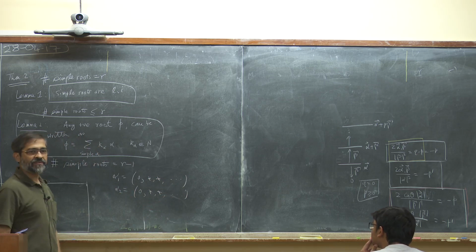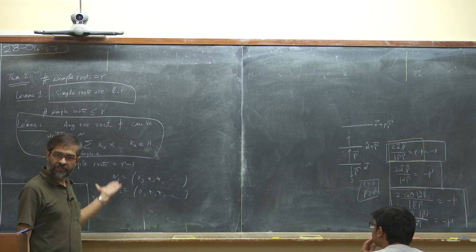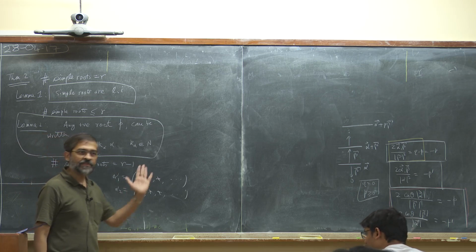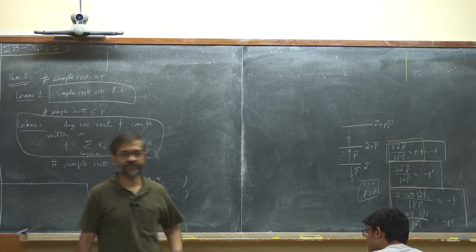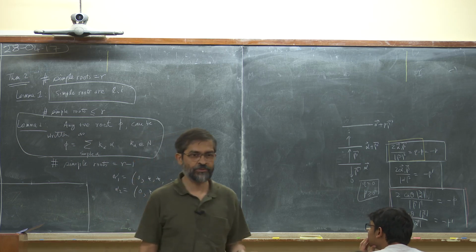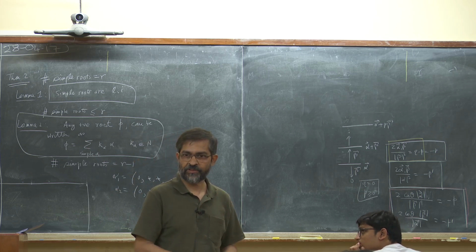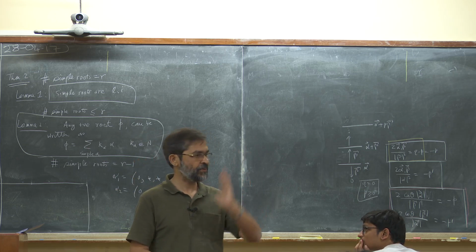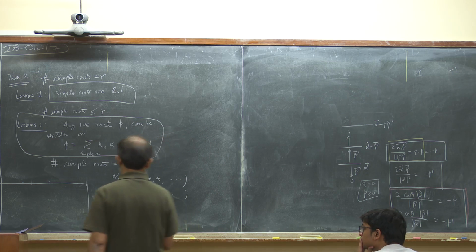I orient them in such a way that the span of all the simple roots is avoiding the x axis. I can choose my basis in such a way that the simple roots are spanning x2, x3, x4, all the other r minus 1 dimensional subspace.